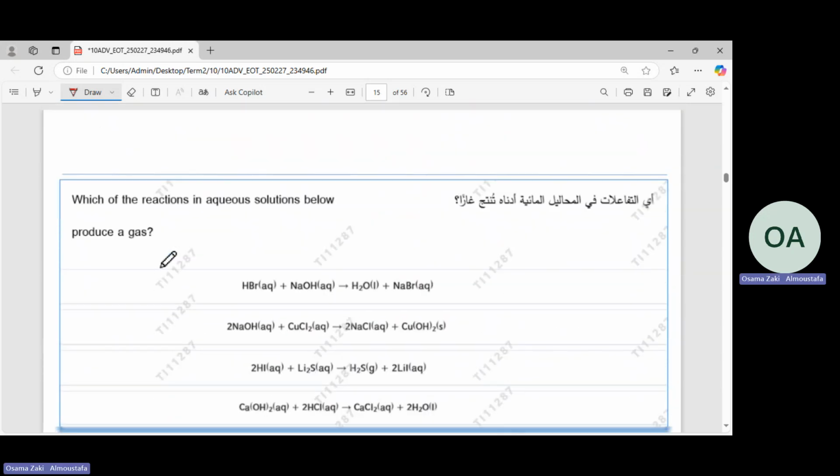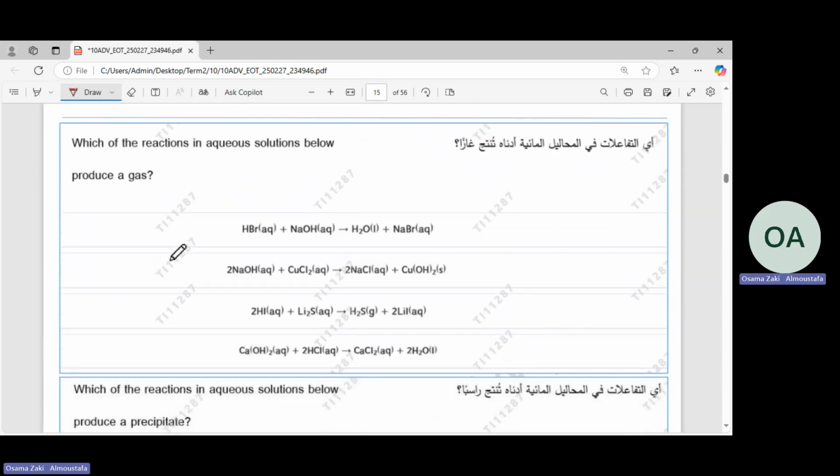Next question. Which of the following reactions in aqueous solutions below produces gas? Gas means that we should have g in the products. Where? After the arrow, as you see.